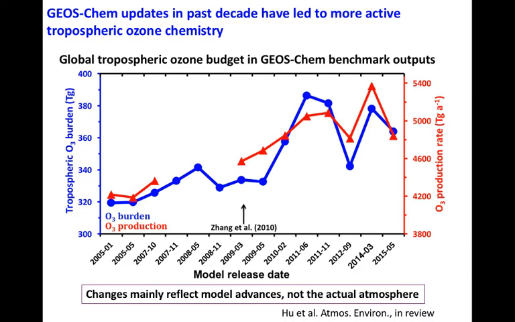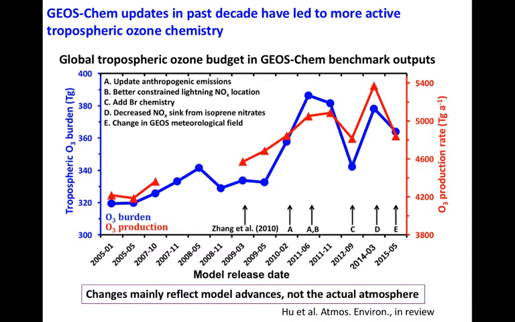Also updating the meteorological fields, thanks to the NASA GMAO office providing us the most state-of-the-art data assimilation for meteorological fields. I didn't highlight the most recent study for version 11, but the basic numbers are not changing dramatically. So one of the critical questions we ask is, does this make sense for ozone simulation?